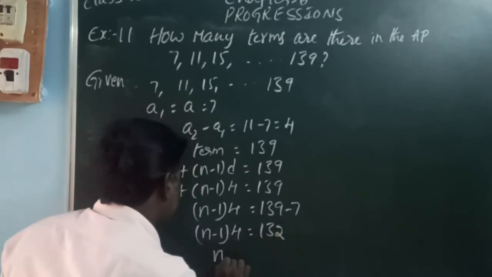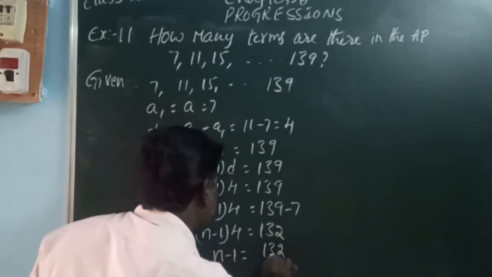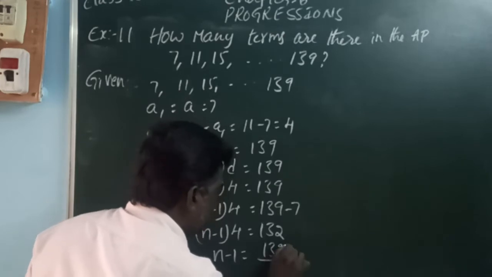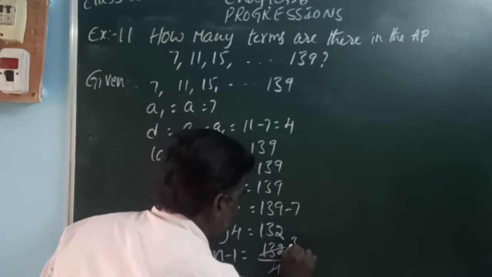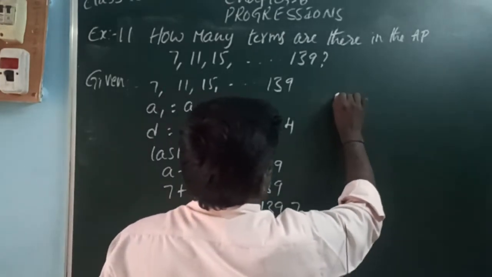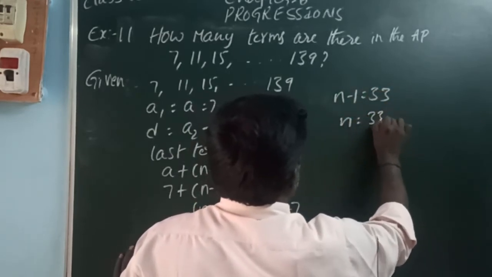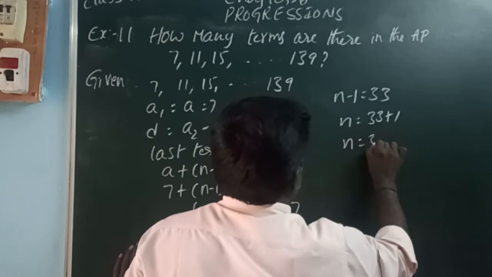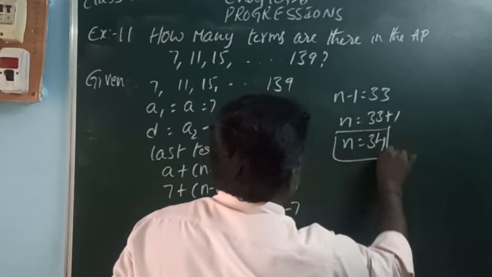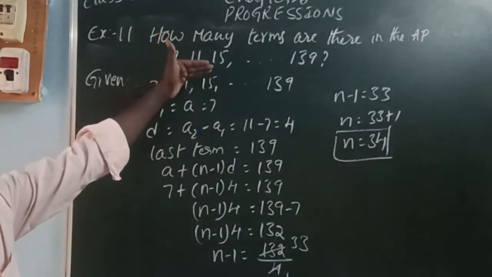So n minus 1 is equal to 132 by 4. 4 ones are 4, 4 threes are 12, 4 threes are 12. So n minus 1 is equal to 33. So n is equal to 33 plus 1, that is 34. So how many terms are there? 34 terms in the given AP.